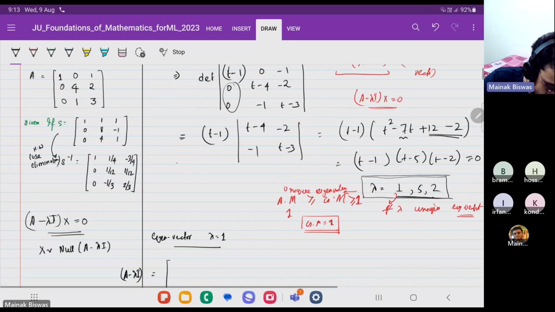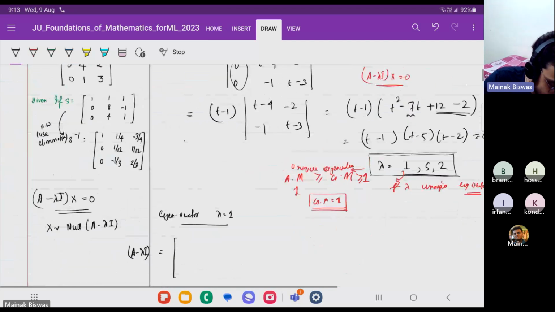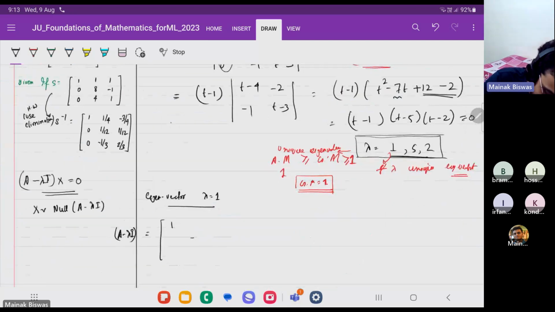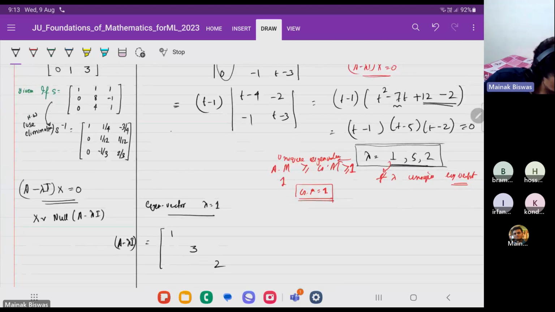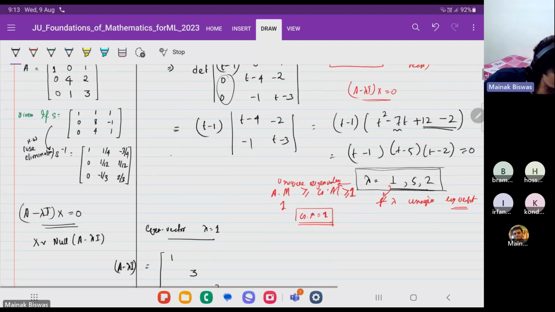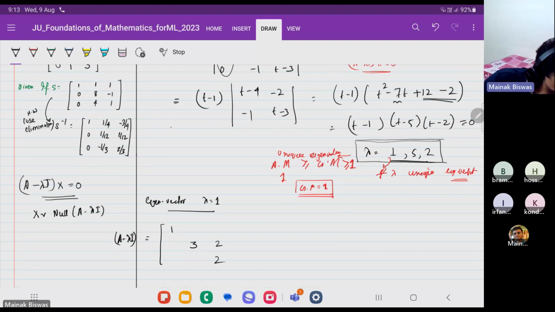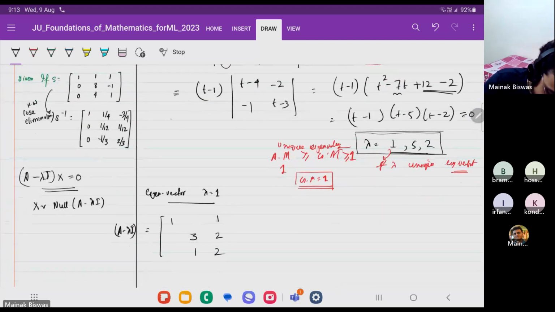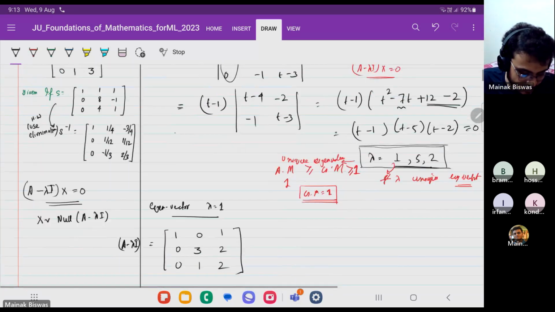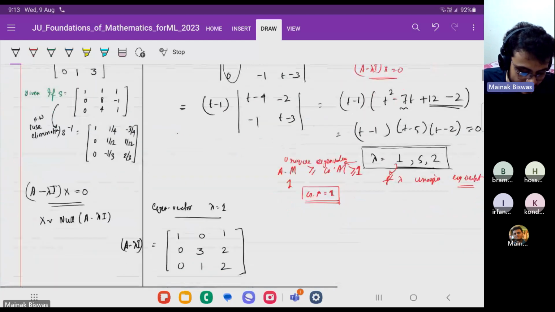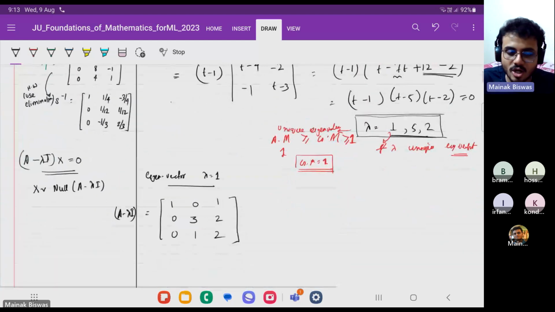So what is A minus I? You will have 1, 3, 2, right? 1, 3, 2, 2, 1, 1. Can you tell me without even finding anything, quickly, what it will be? Without even thinking. You don't need to compute the eigenvector for this.